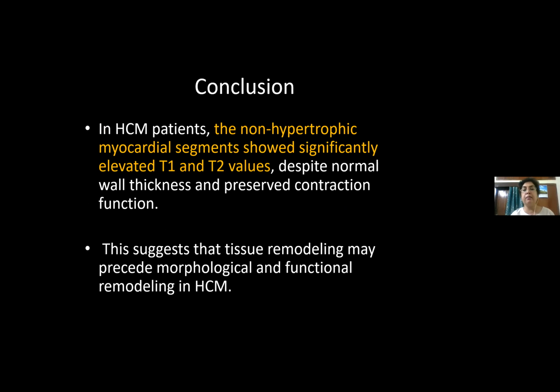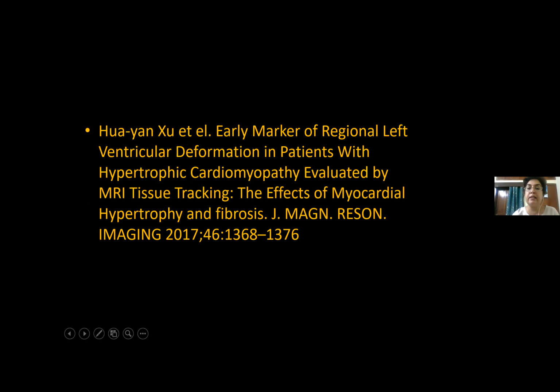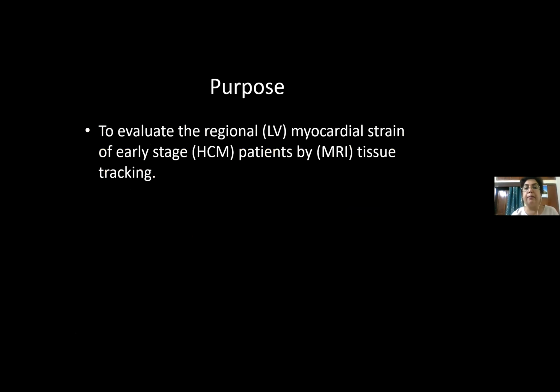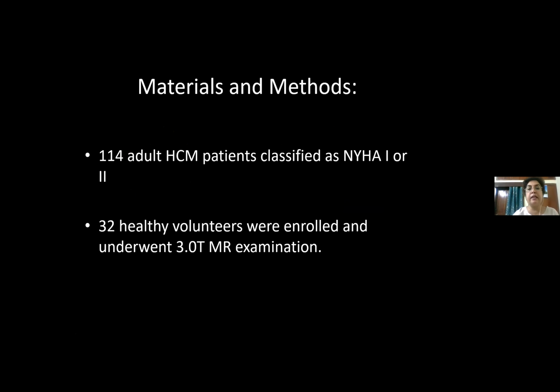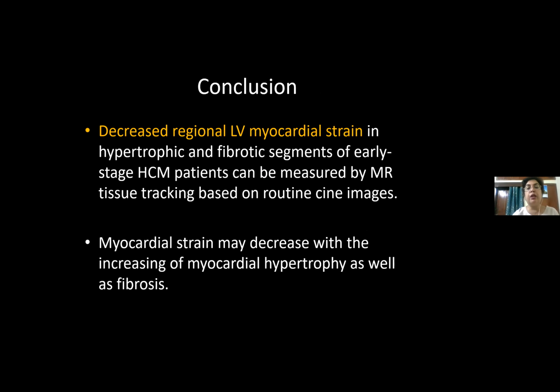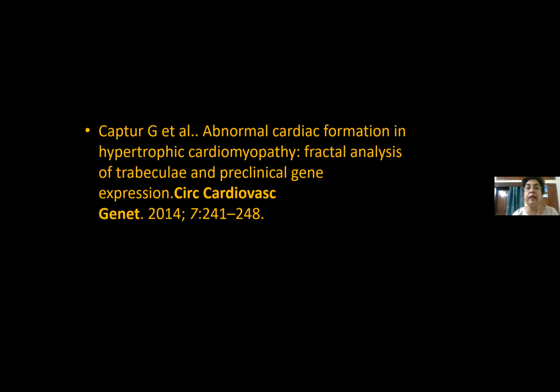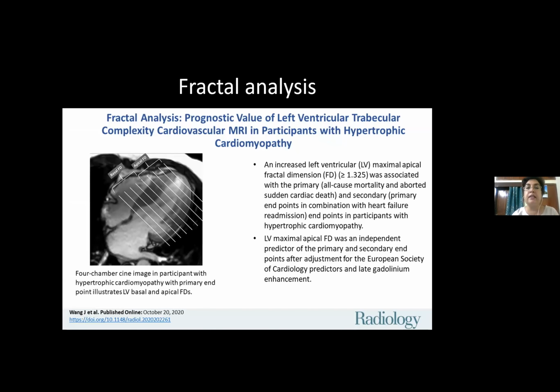So this study went on to show that even the non-hypertrophied segments showed significantly elevated T1 and T2 values, indicating that they were abnormal. This particular study went on to show that myocardial strain imaging, which can be done in MRI similar to echo, is also a useful technique to detect abnormalities.